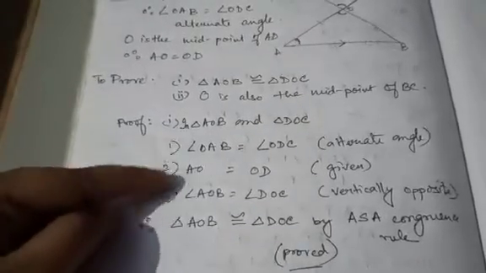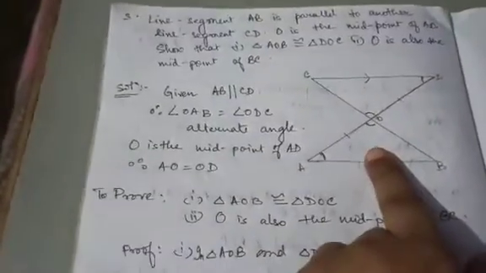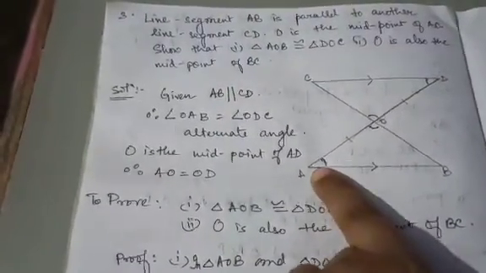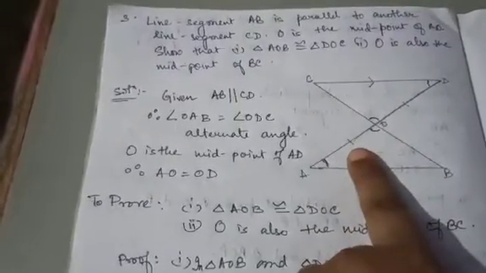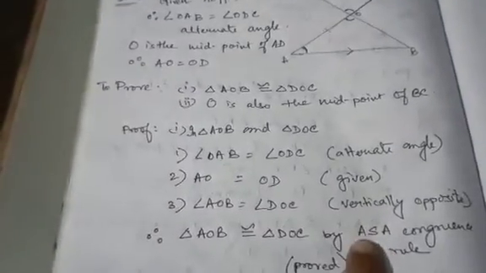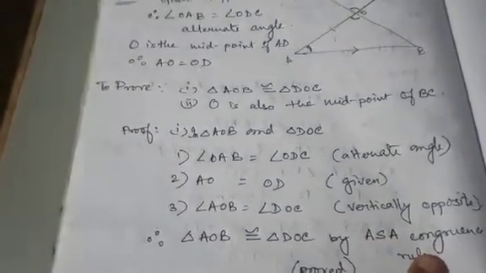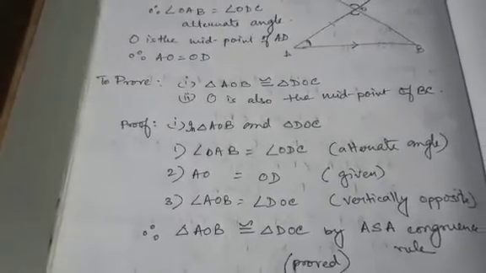So two angles and one side. The side is included. If we see the diagram, this angle and this angle we have taken, angle A and angle O, and OA is the included side. So by the angle side angle congruency rule, we can say the triangles are congruent to each other. So the first part is proved.